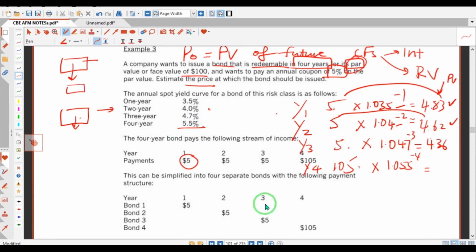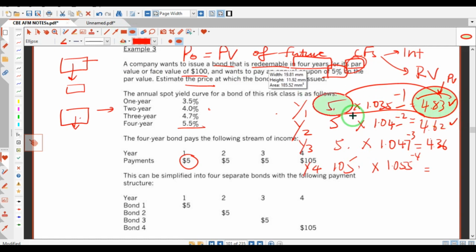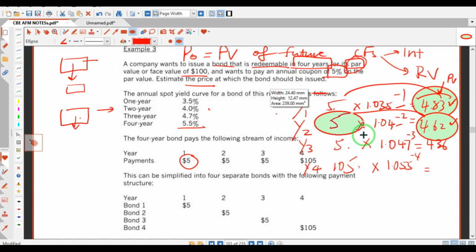So you work backwards. Later I'll put this in the CBE platform and show how to do it. But I just want to get the idea of what the price means today. This is the price that you are going to pay to get $5 in year 1. This is the price that you're going to pay to get $5 in year 2.